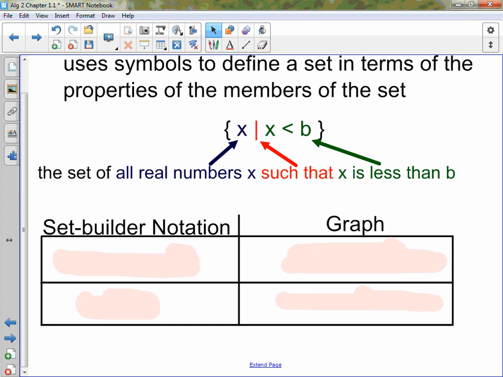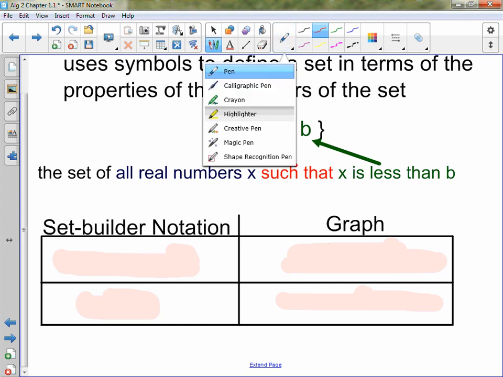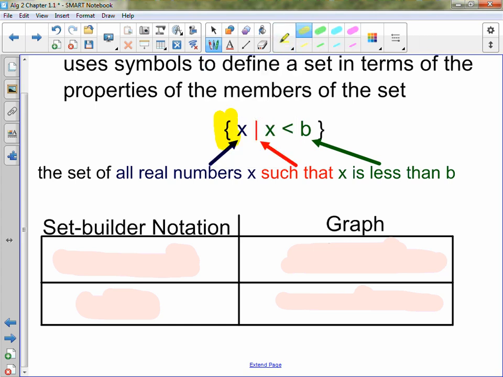So the way we read this is the set of all real numbers x. Let me get a highlighter. Everything right there, the parentheses in x, in mathematical terms, is the set of all real numbers x, such that.